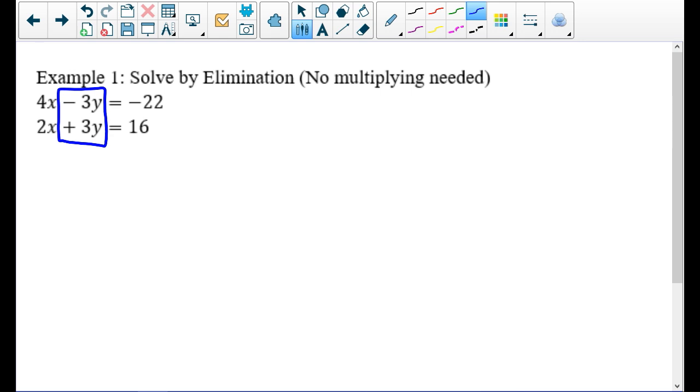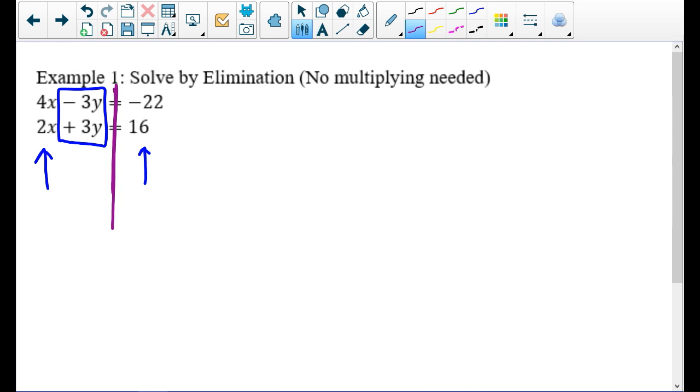Okay, everything's kind of in order. The x's are all in one row, the y's are in a row, the numbers are in a row. It's not as big a point that they have to come x, y on the same side, but they all have to be in the same spot, all matched up when I line up these equal signs. I can't just combine things together when the equal signs aren't lined up.